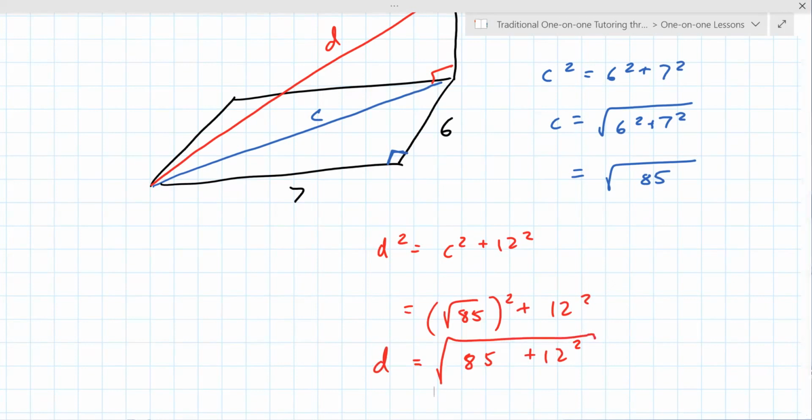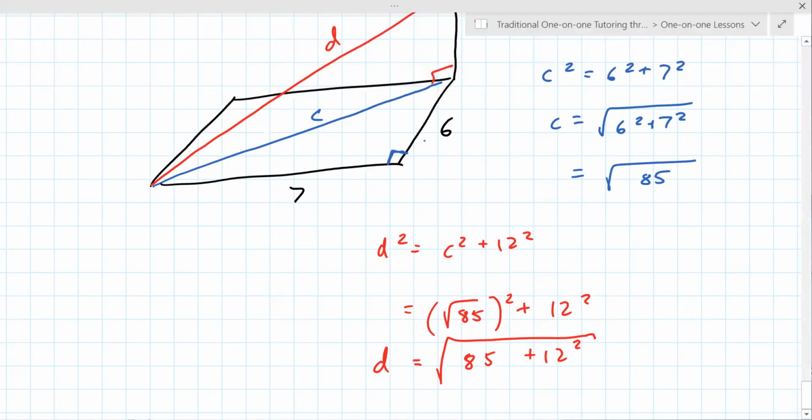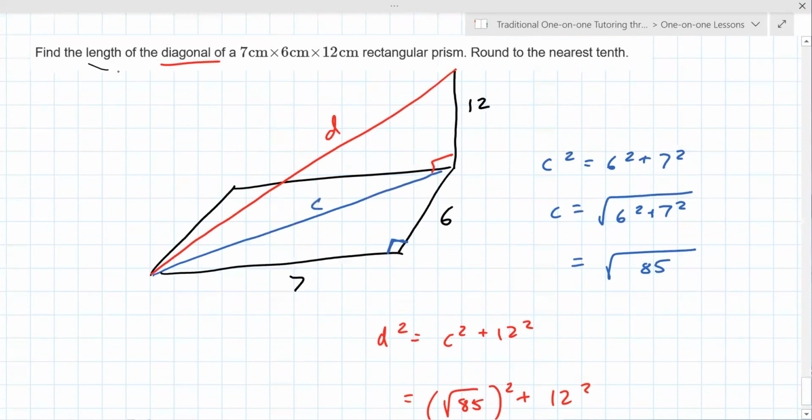So 85 plus 144, square root of that, and then round to the nearest 10th. That is 15.1. Okay, now what are the units? It's a length. So that's centimeters.